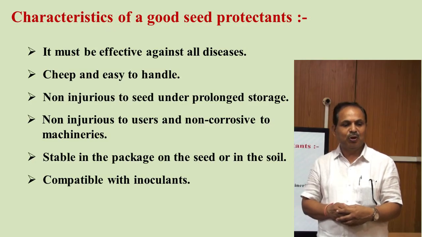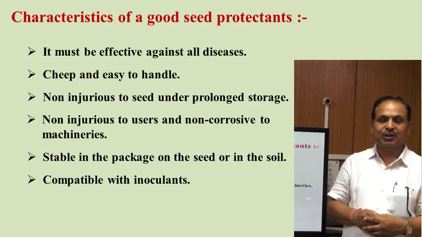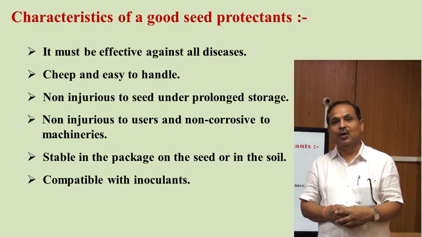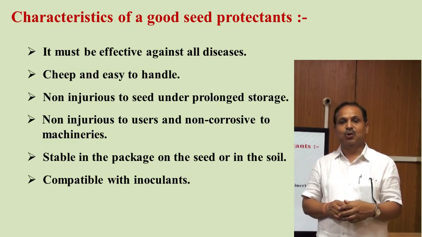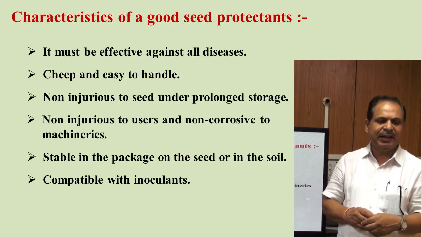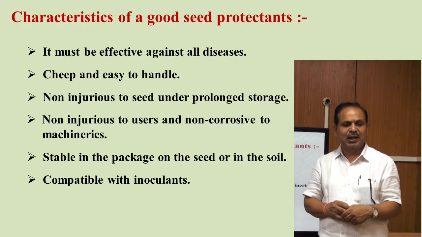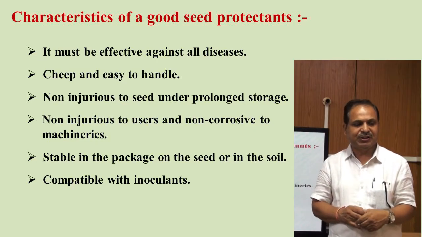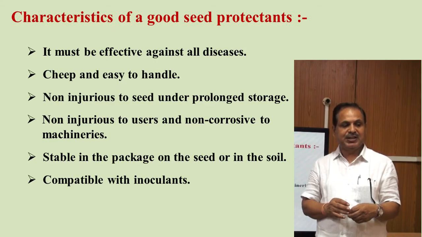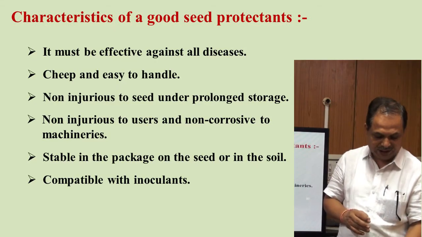It should also not be injurious for prolonged storage; if the seeds are stored for longer periods, it should not be injurious to them. It must be stable in the package, on the seed or in the soil, and also compatible with inoculants.